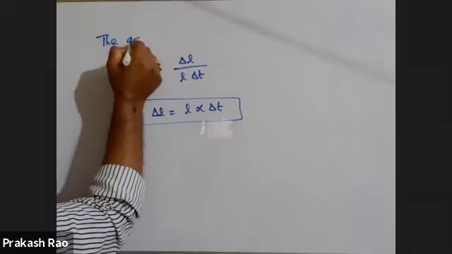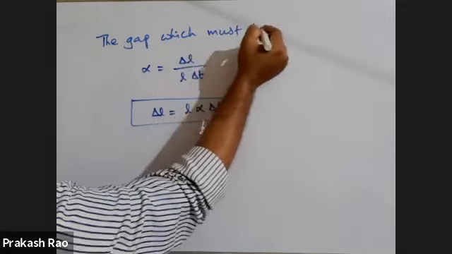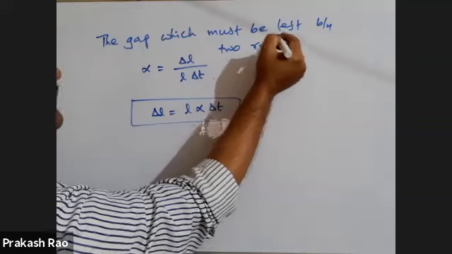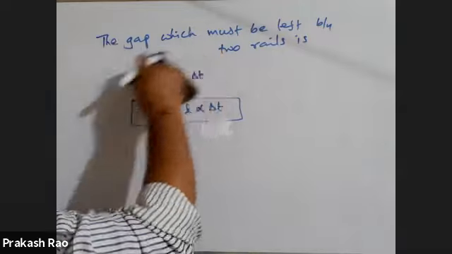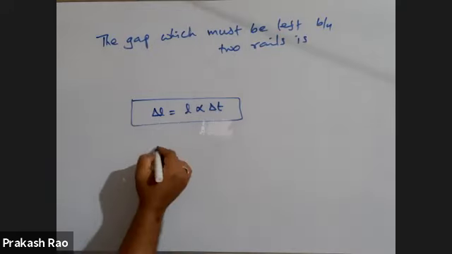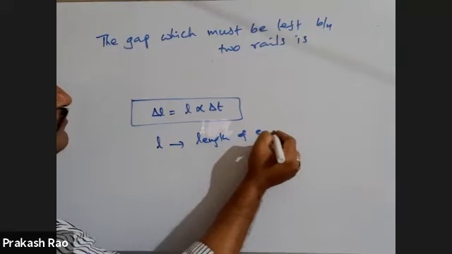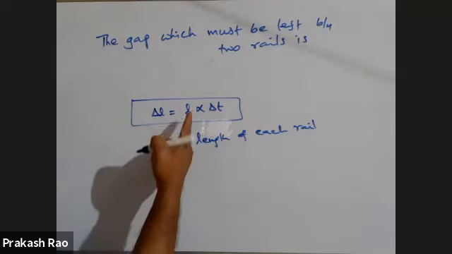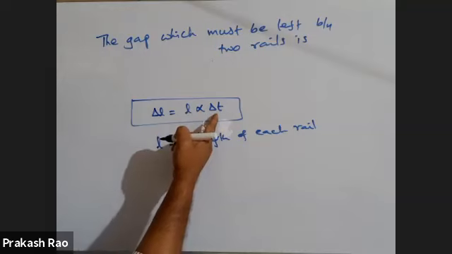Write down the gap which must be left between two rails is, take the direct expression, delta L is equal to L alpha into delta T. L is the length of each rail, alpha is the coefficient of linear expansion of the material of the rod, delta T is the temperature difference.